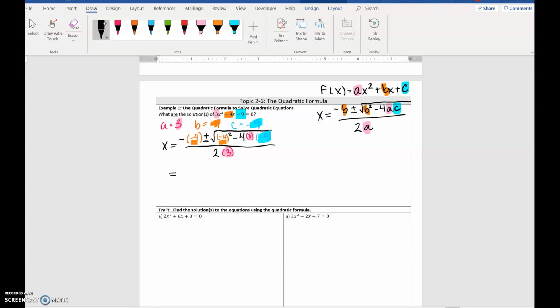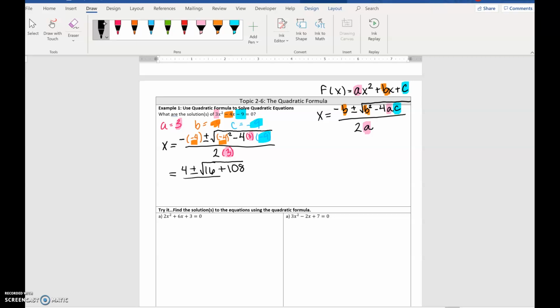So negative 4 would become positive 4. And then plus or minus. Negative 4 squared would be 16. And then negative 4 times 3 would be negative 12. Times negative 9 would make it a positive. And then 12 times 9 is 108.